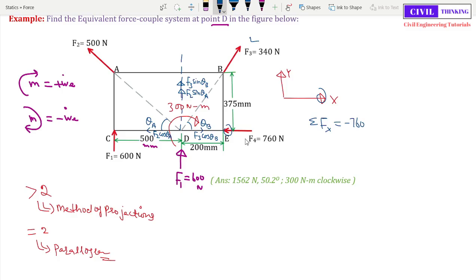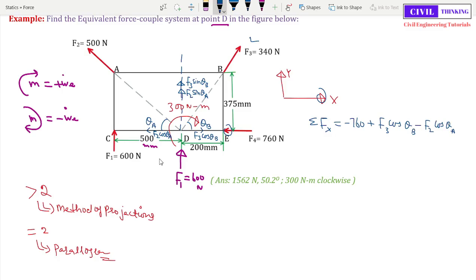Then we have F3 cos theta b, it is towards right, so it is positive, plus F3 cos theta b. Then F2 cos theta a, it is in left direction, so it is negative, right? Minus F2 cos theta a.